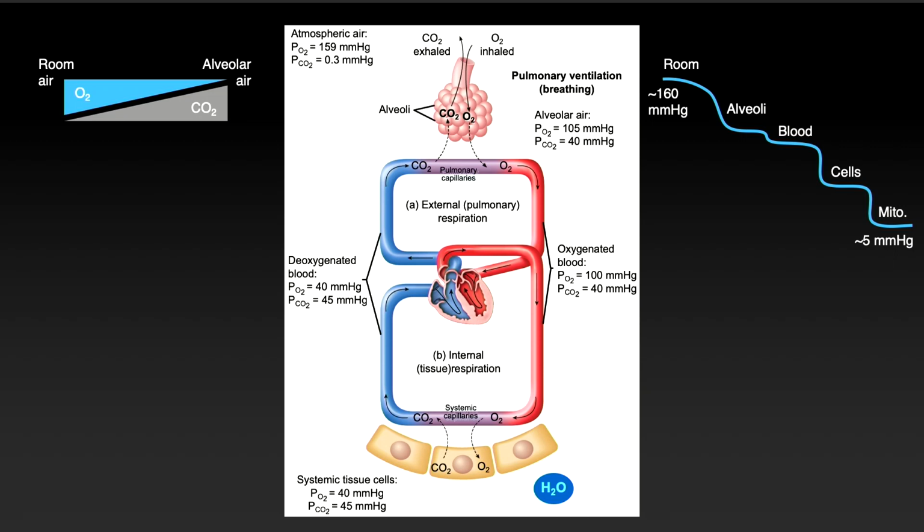So understanding this concept already sets you up to understand the second half, which is CO2 production. Gases move according to their partial pressure gradients. Where does CO2 come from? CO2 actually comes from the breakdown of food. As you process food in metabolic pathways, part of those pathways spin off CO2.